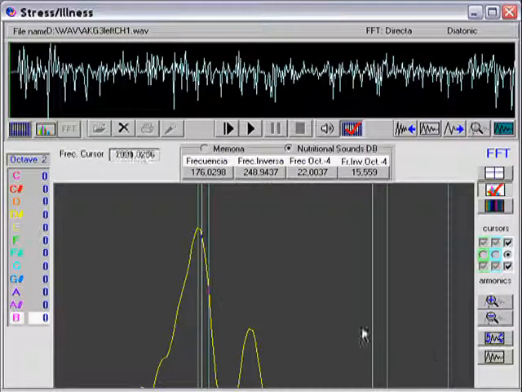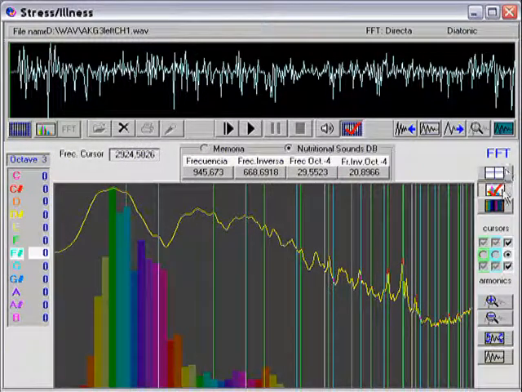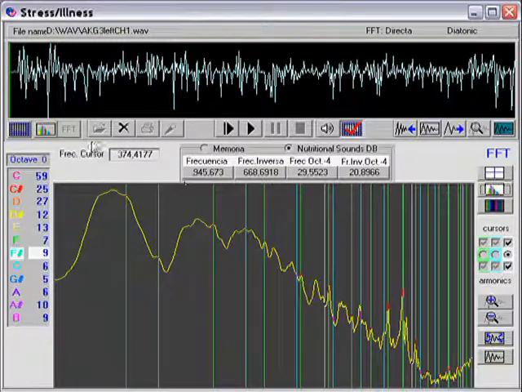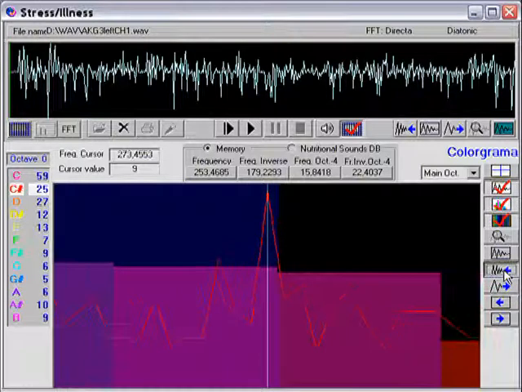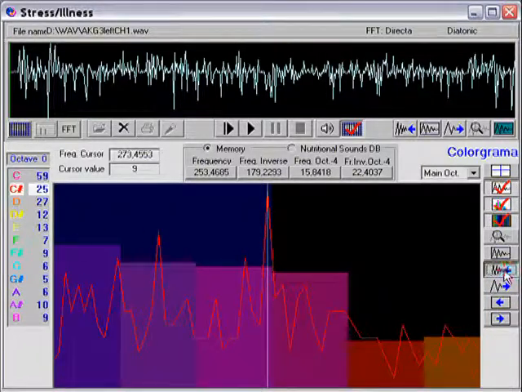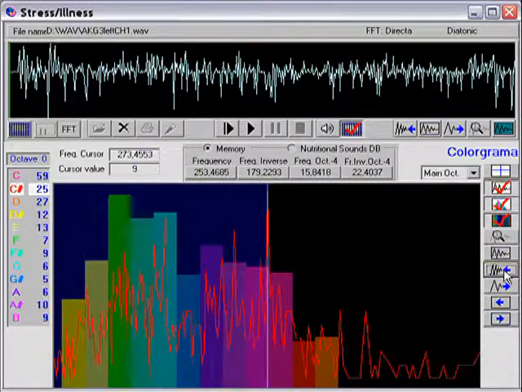Okay, so this helps us to see how we can do the analysis from the perspective of the cologram, in which the peaks say which frequencies are most mentioned, which is different than the frequencies that have more volume, more amplitude.